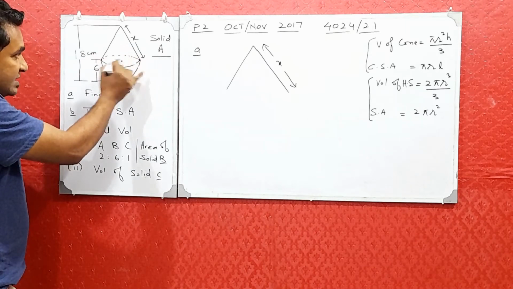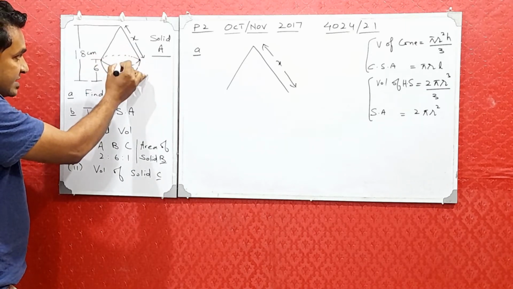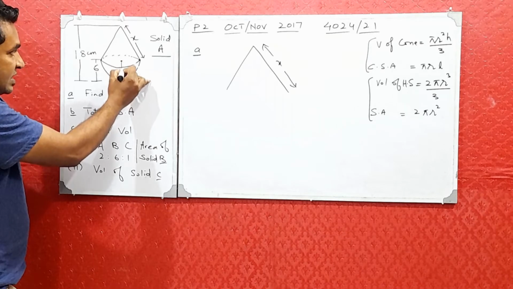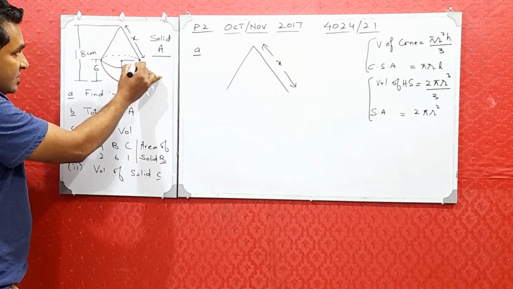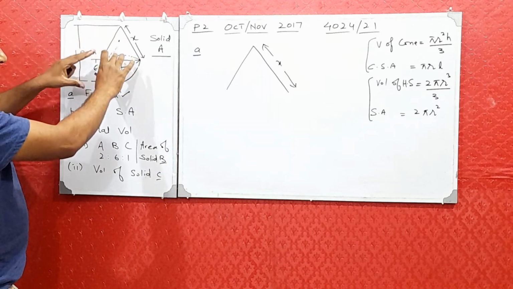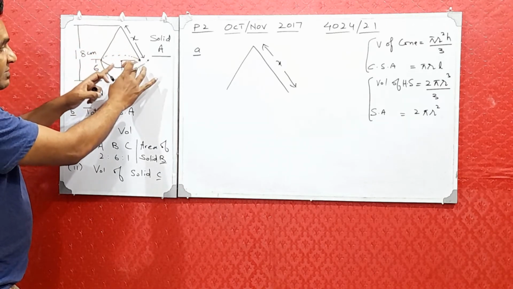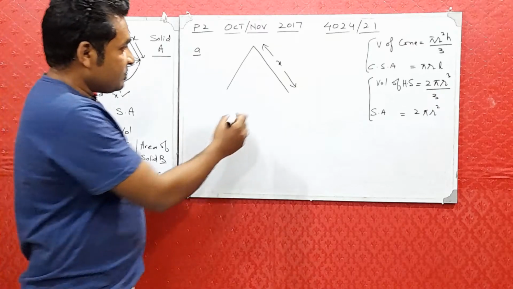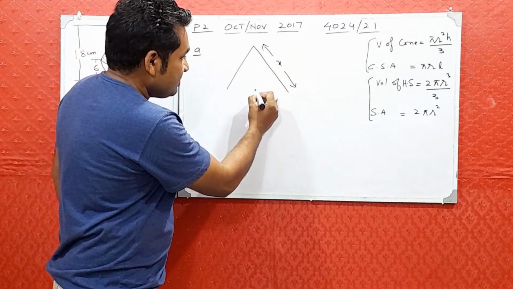It means that this 6 becomes the radius. And because these both are joined in a way that they have the same radius, the radius of the cone is also 6.